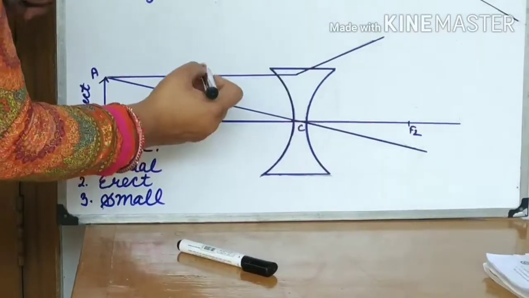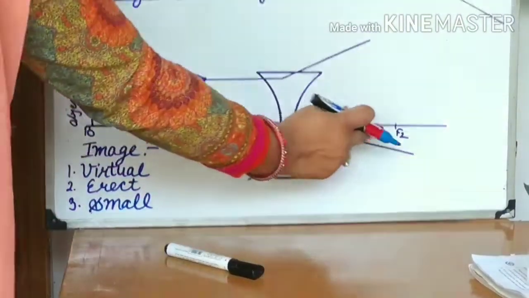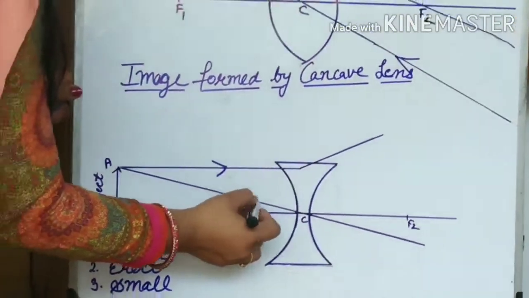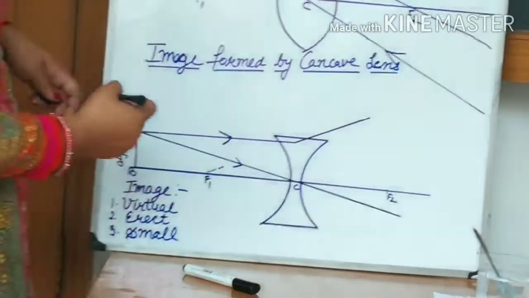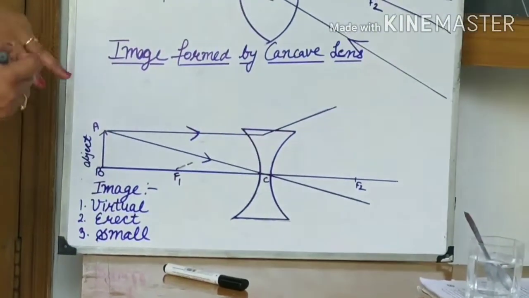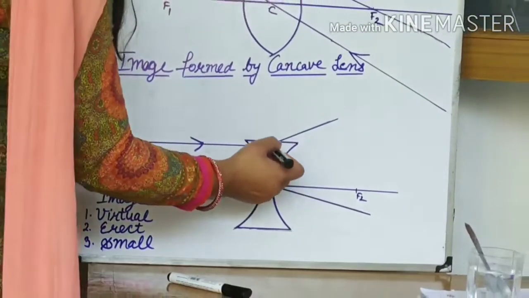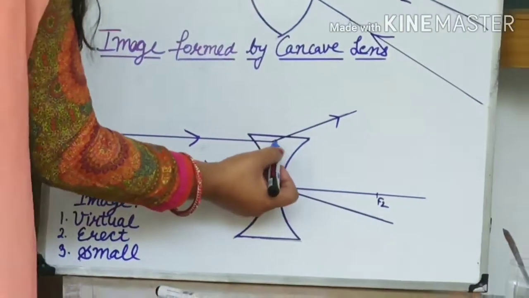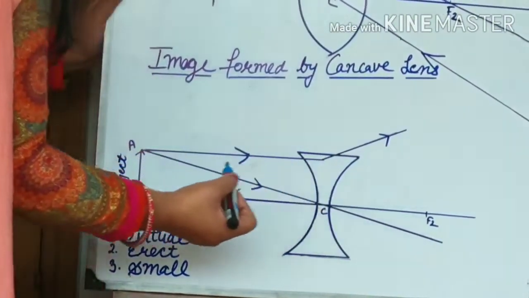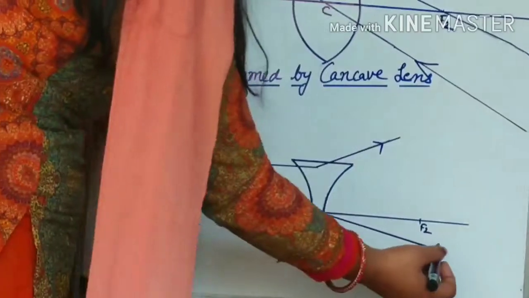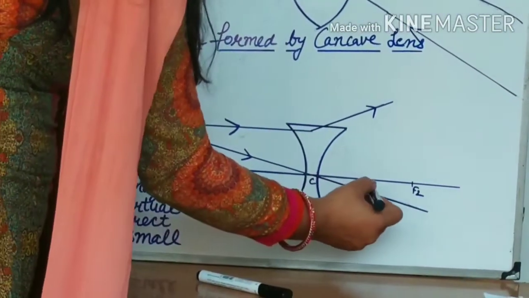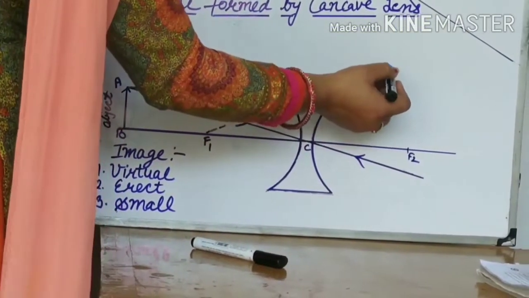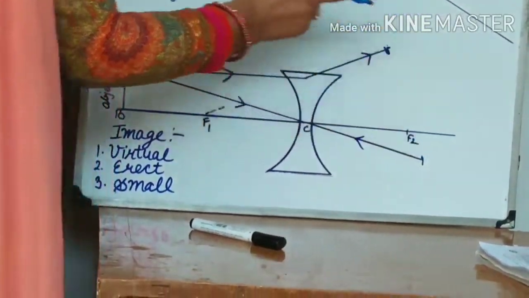One ray, the incident ray I have taken, is parallel to the principal axis here. And the other ray I have taken passes through the optic center. Now we know that a concave lens diverges the rays. Here the ray is diverged. This ray will be diverged by the concave lens in this side, and the ray which passes through the optic center will be retraced back in the same direction. These 2 rays will not meet at any point.